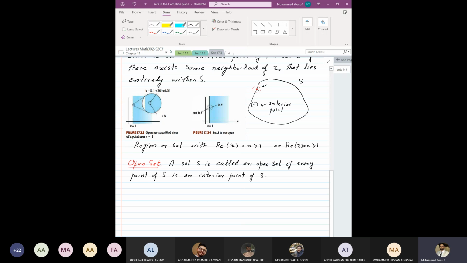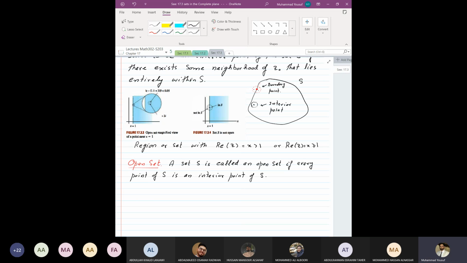It contains some point from S, some point from outside of S. So a set S is called an open set if every point of S is an interior point of S. There is no boundary.